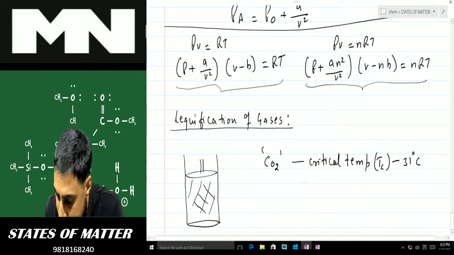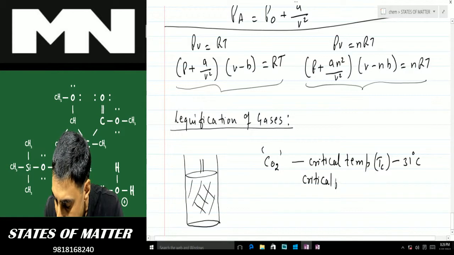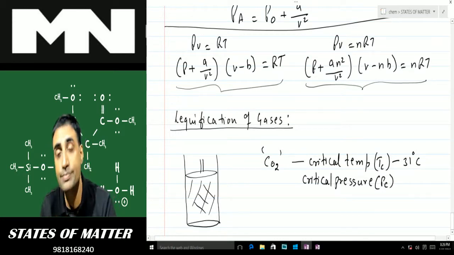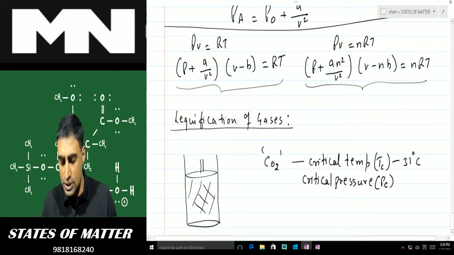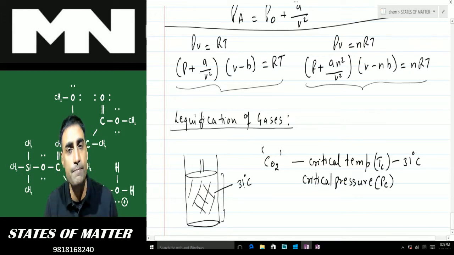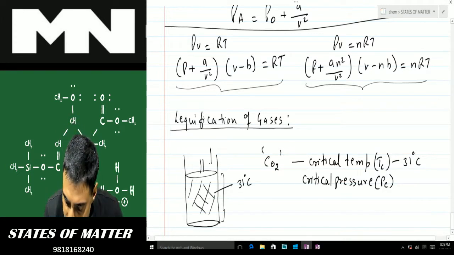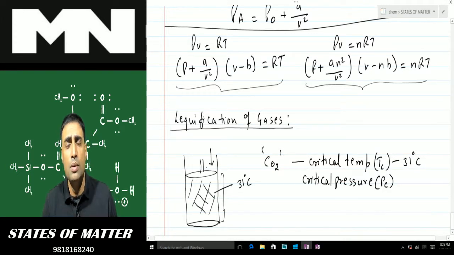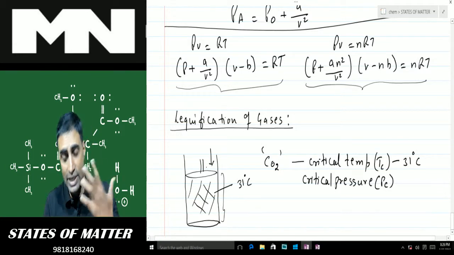Next is critical pressure. We represent it by PC. Now suppose in this cylinder, I have CO2 at 31 degrees Celsius and I am increasing pressure: 1 atmosphere, 2, 3, 4, 5, 6, 7, 8, 9, 10. This is purely an example.